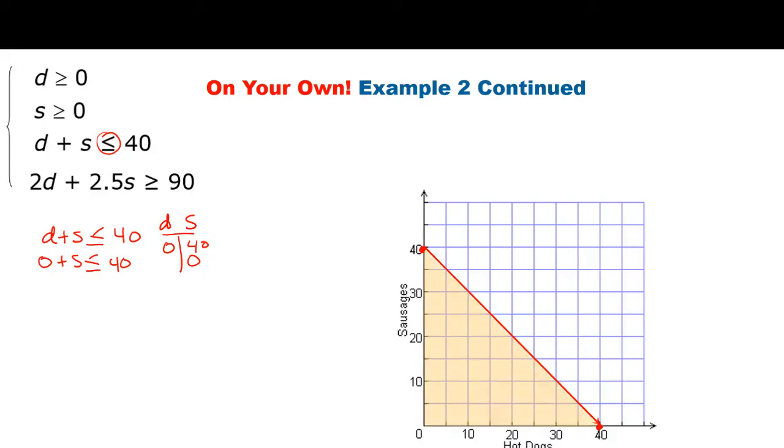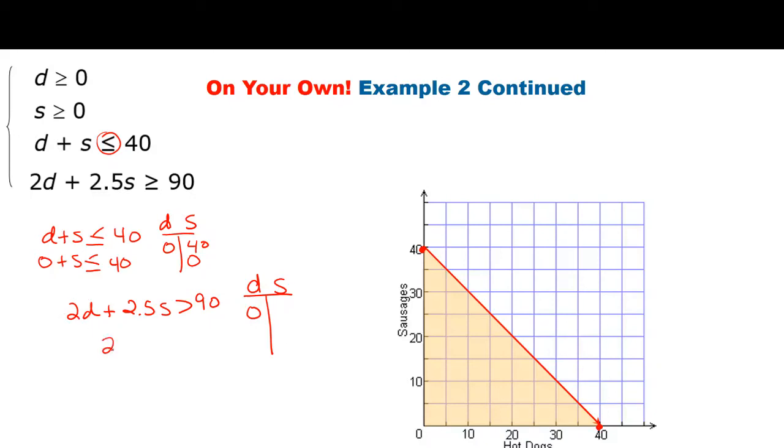Now our next inequality says 2D plus 2.5S has to be greater than or equal to 90. So again, let's do our quick little T-chart. When the hot dogs are 0, that goes away, 2 times 0 is 0.